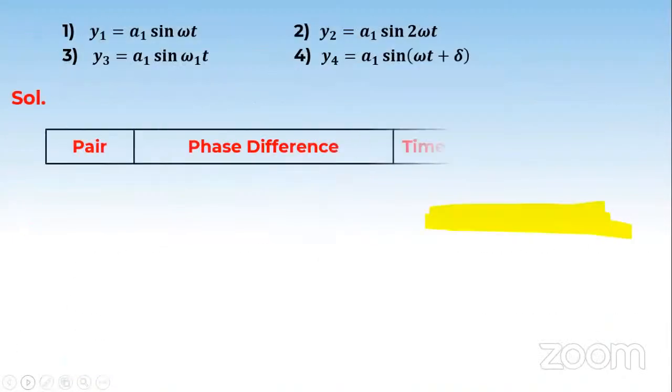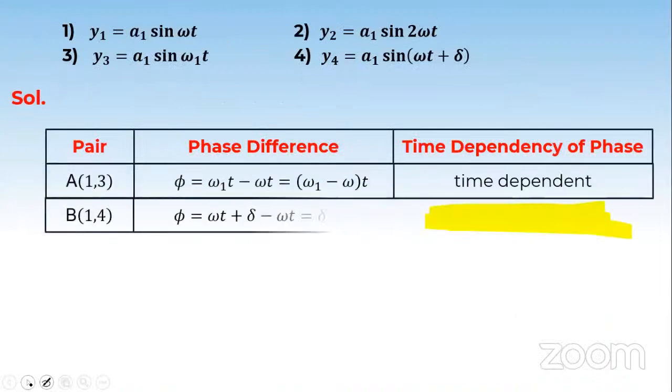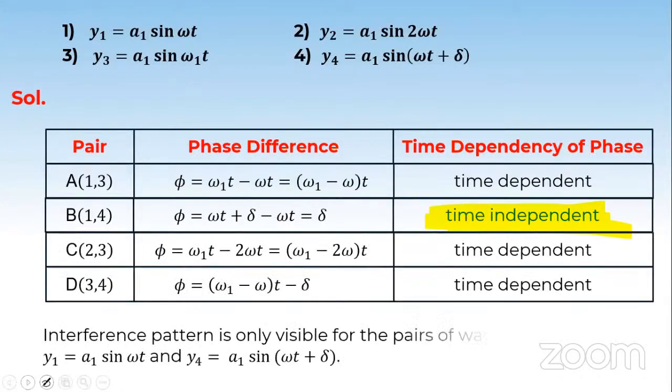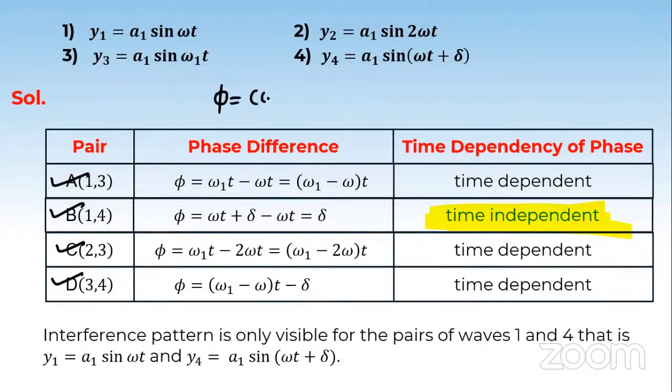And if you draw the chart here, in this question you were asked to find the pair of waves, say A 13, B 14, C 23 or D 34, for which the phase difference comes out to be constant. If the phase difference is constant, it shows this pair of waves.